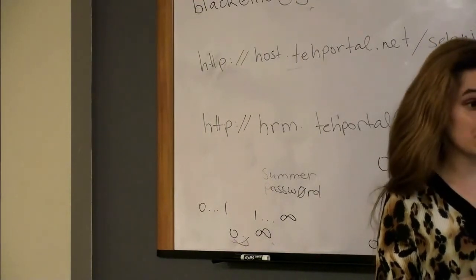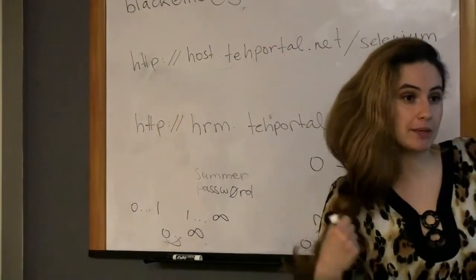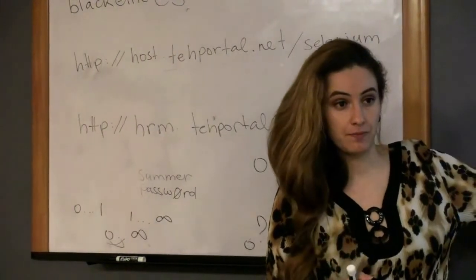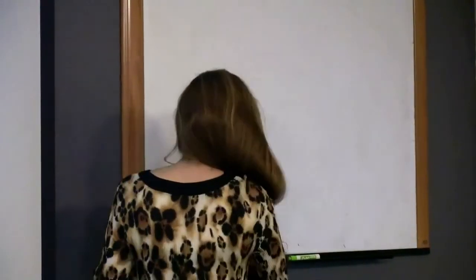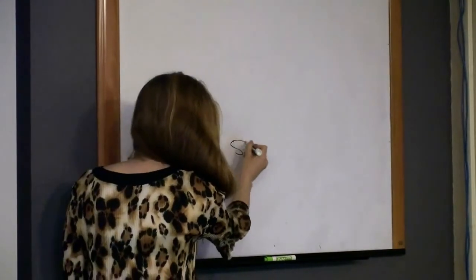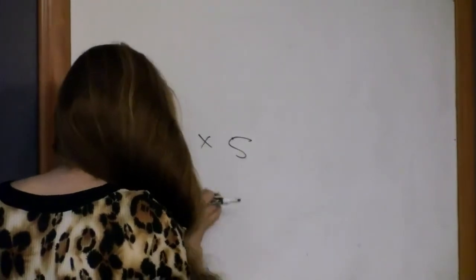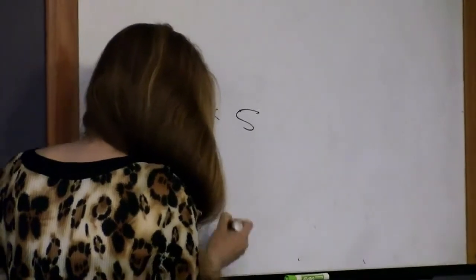If I want to match something that is not 0 to 1, 1 to infinity, or 0 to infinity, I can specify using curly brackets. Curly brackets will allow you to put in 1 or 2 values. So if I want to match the letter A specifically 5 times, I would say A, curly bracket, 5, curly bracket.